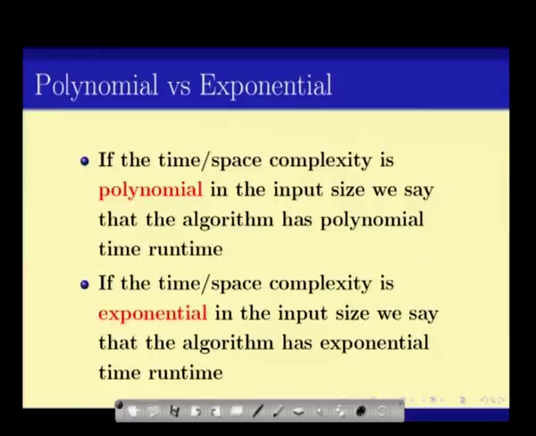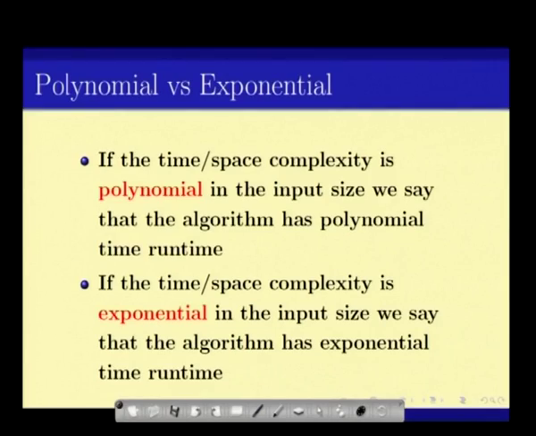The idea is that we want to distinguish something that can be solved in order n to the power 100 from something that can be solved in order 2 to the power n. The reason is that although n to the power 100 is large compared to 2 to the power n for small n, as n goes to infinity, 2 to the power n is enormously big compared to n to the power 100.